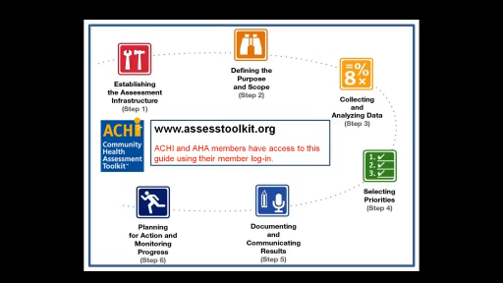On the back end of having the data, there's a priority setting process, documentation, putting together a report, communicating findings, and then most importantly, I think, with your priorities and the data, looking at what is the implementation plan, what are you going to do going forward, and that's where that planning for action and monitoring progress comes in.